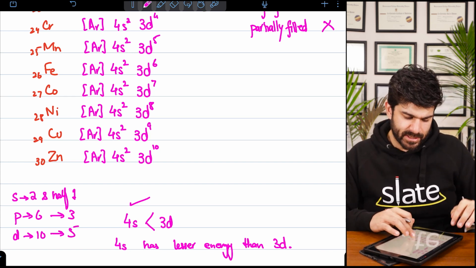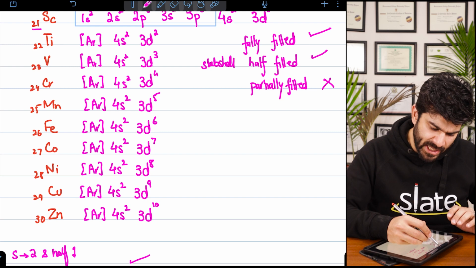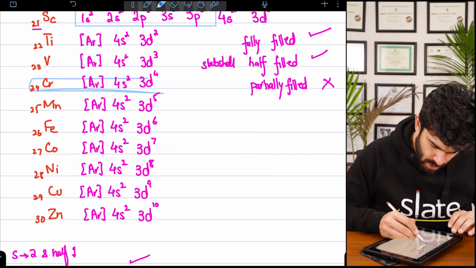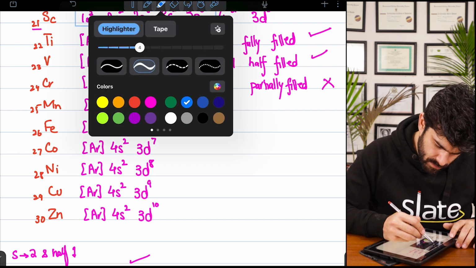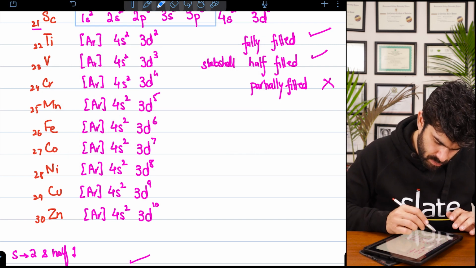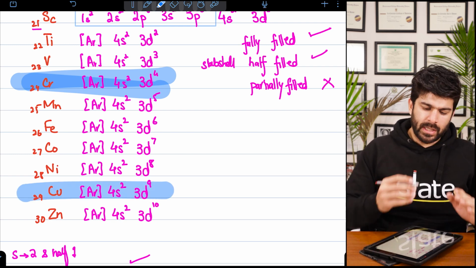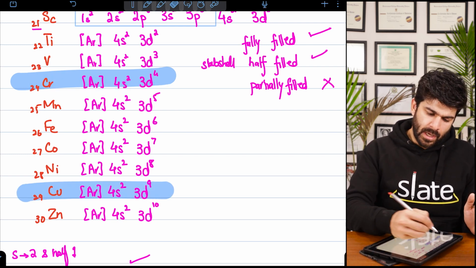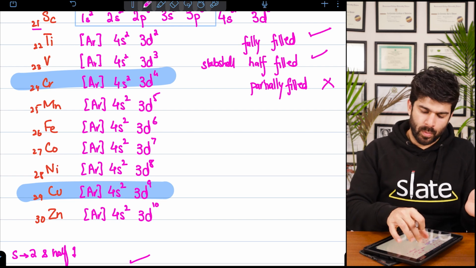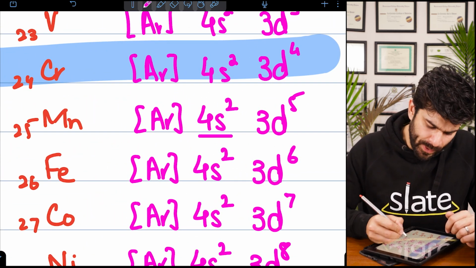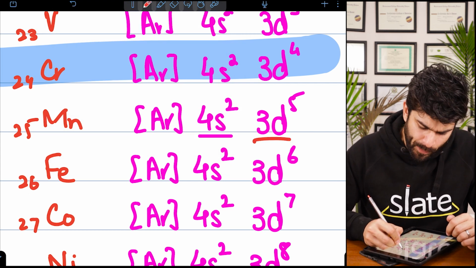So let's look at these. We have a different case for chromium and copper. They too behave differently here. Now, why does it happen so? Just look at manganese. It has a fully filled s orbital and half filled d orbital.